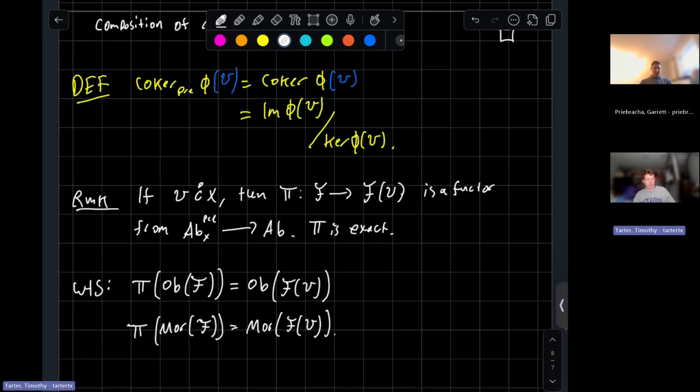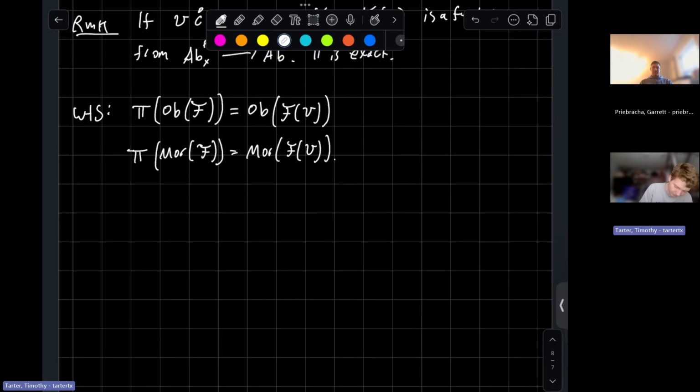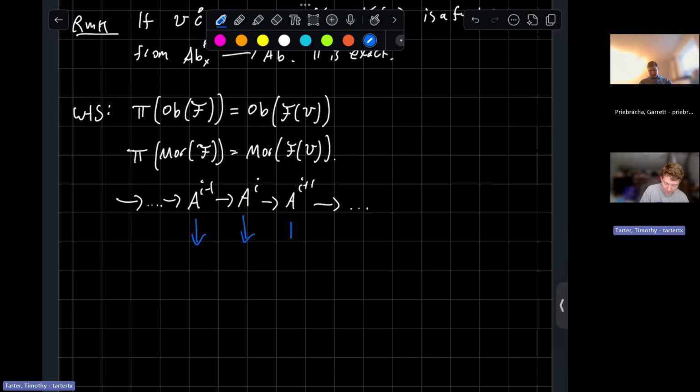Okay. And then to show it's exact, we want to take an exact sequence A_{i-1}, A_i, A_{i+1}. And we want to show that it maps down to π of A_{i-1}, π of A_i.